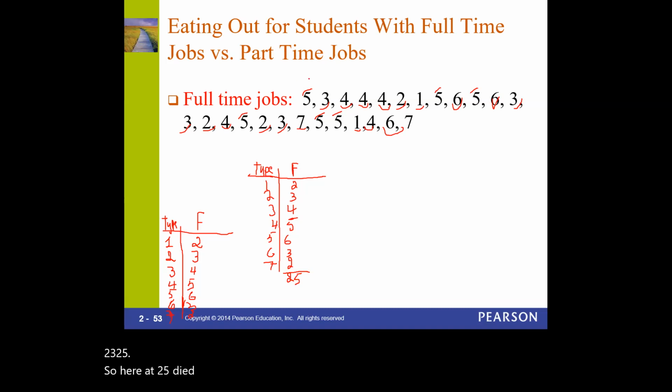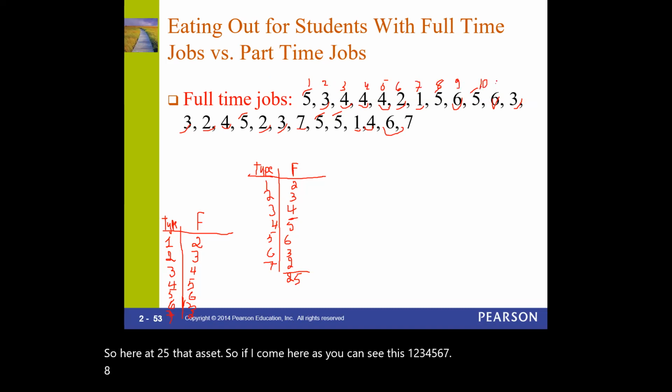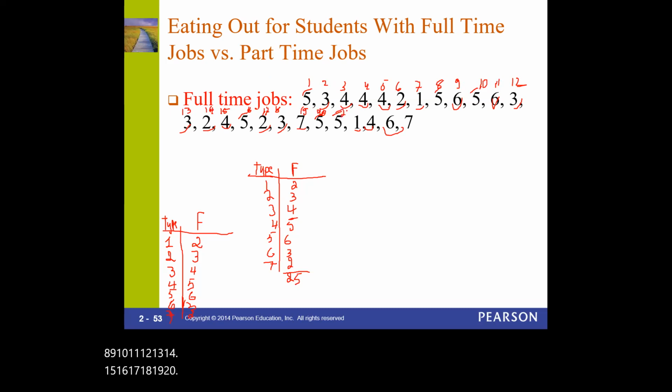If I count here, as you can see, it's 1, 2, 3, up to 25. Okay, so they have to match. We have 25 data points.